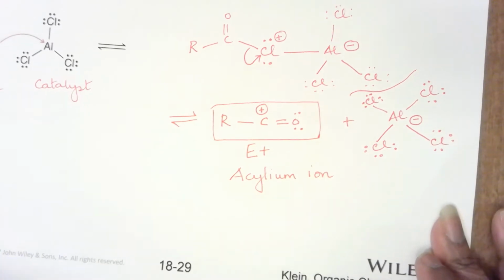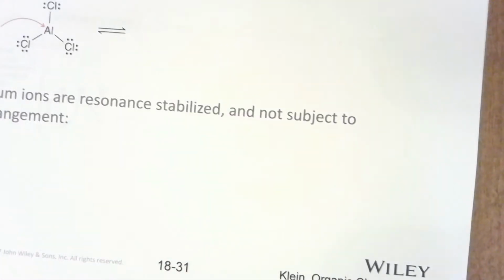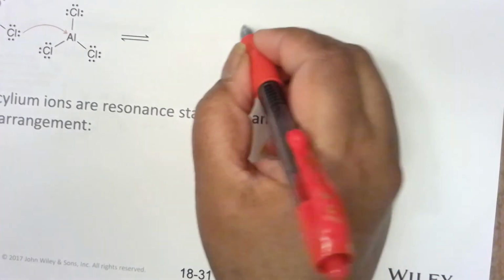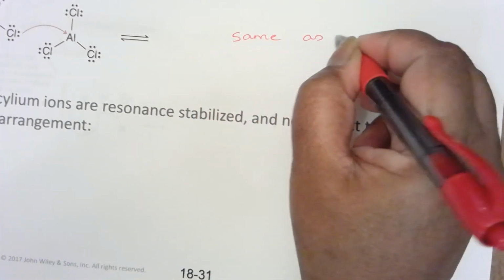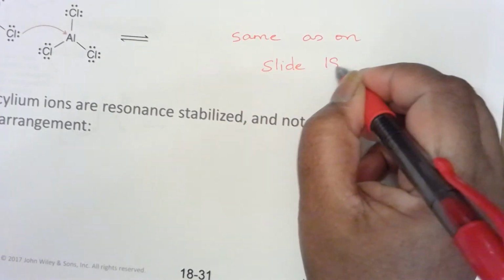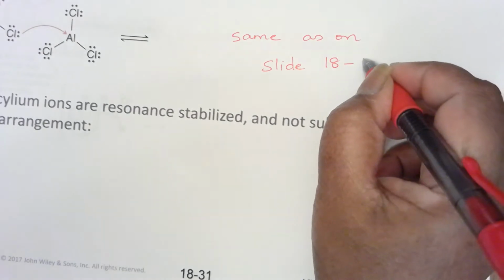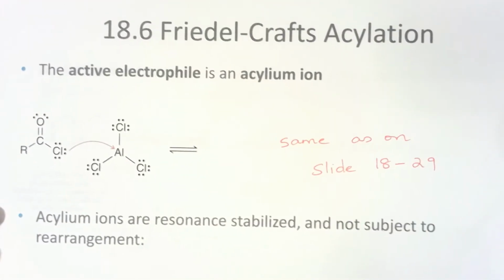Now we're going to look at the acylium ion specifically. Okay. So, same as on slide 1829. Okay, so the first part is the same.